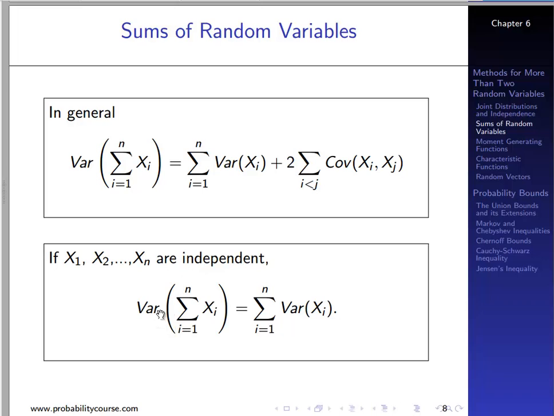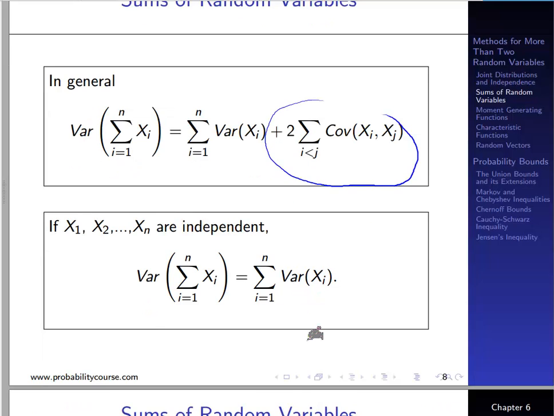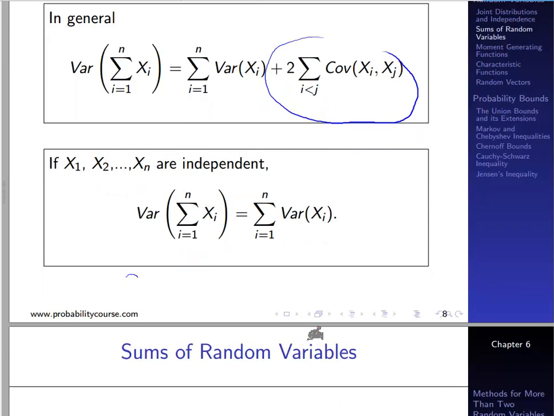We have that the variance of the sum of independent random variables is the sum of the variances of independent random variables. And we can prove that quite easily because if you have independent random variables, remember what the covariance is.